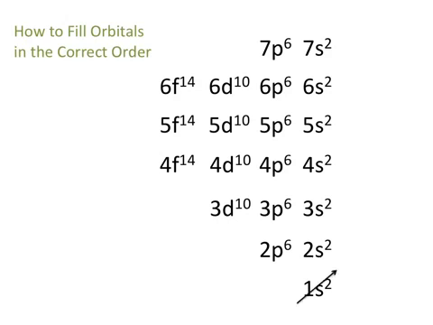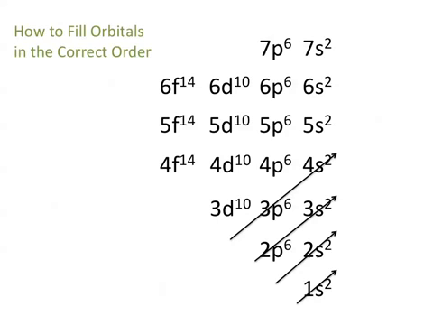First you fill the 1s orbital, then the 2s, then the 2p orbital, and then the 3s. And this next step is where it gets a little bit confusing. After you fill the 3s orbital, you fill the 3p orbital. But before you fill the 3d orbital, you actually fill the 4s orbital first.